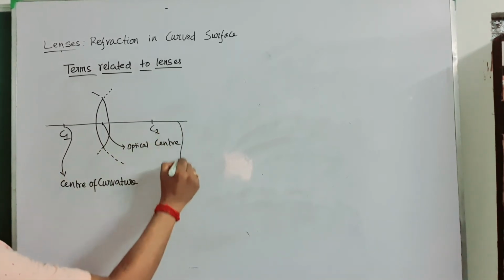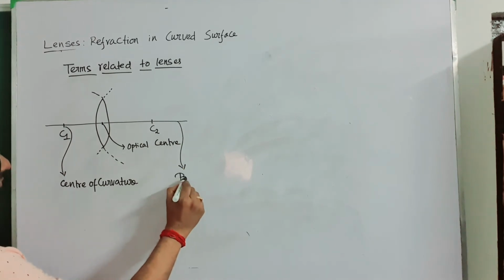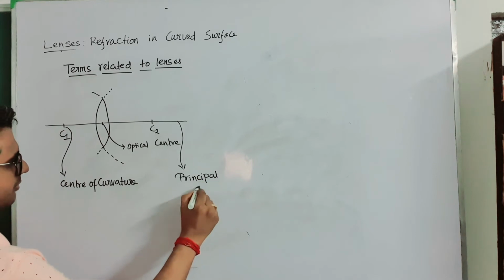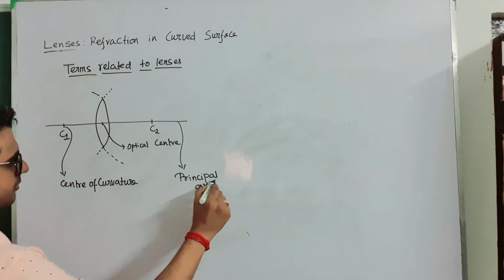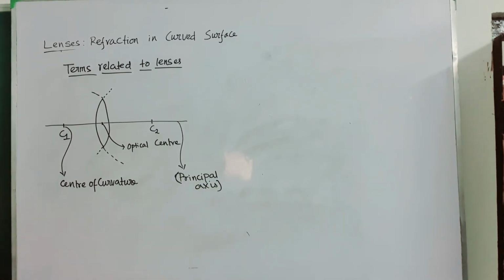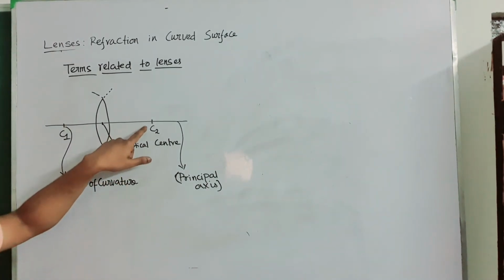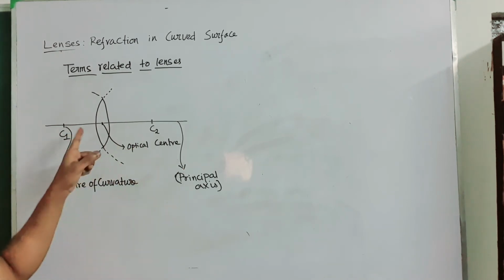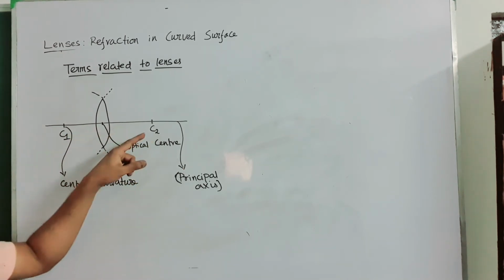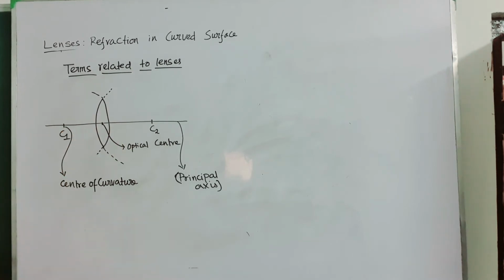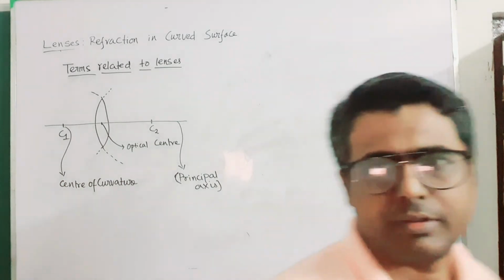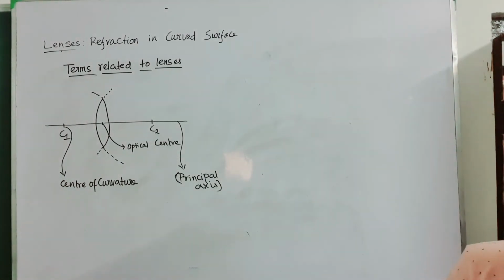This is called the principal axis. Principal axis is what? Line joining center of curvature and optical center. Line joining, लिख रहा हूँ. Line joining center of curvature and optical center.